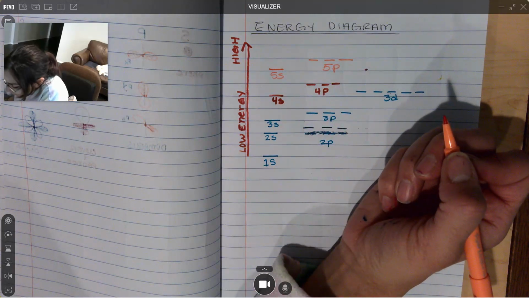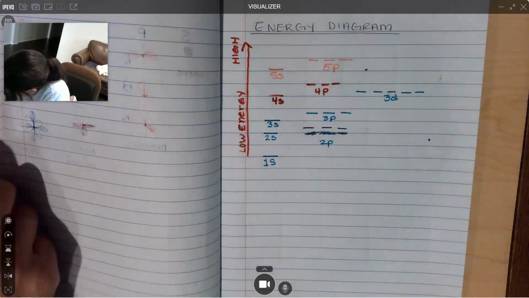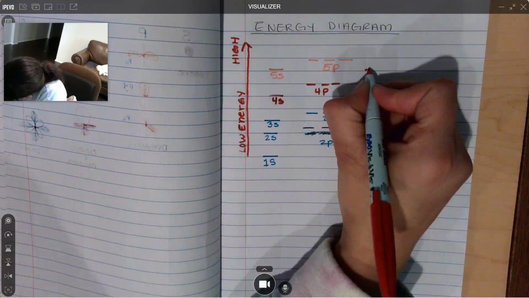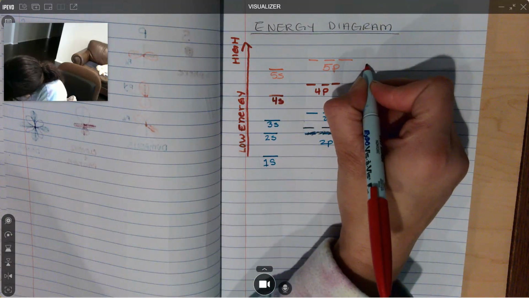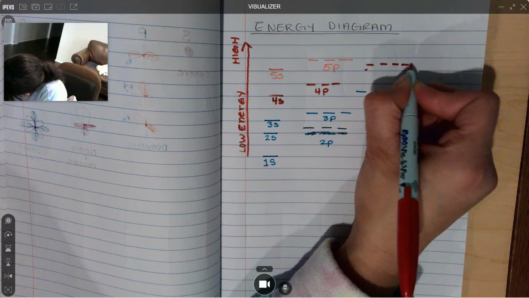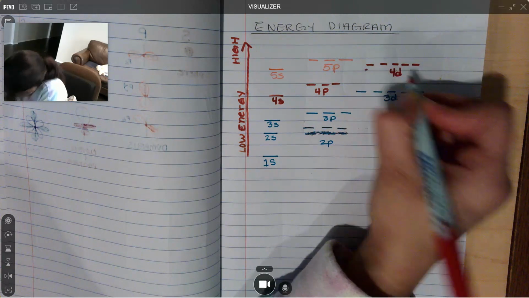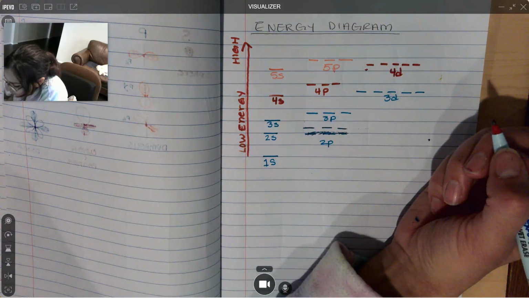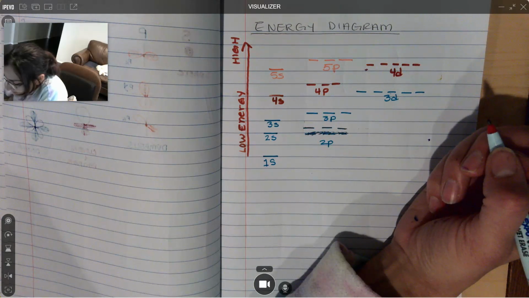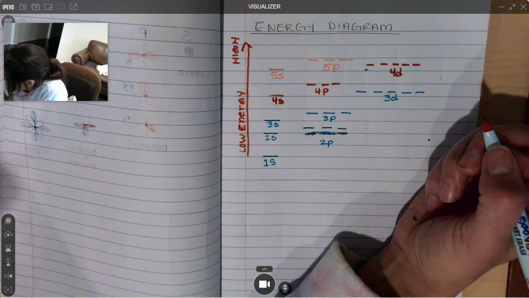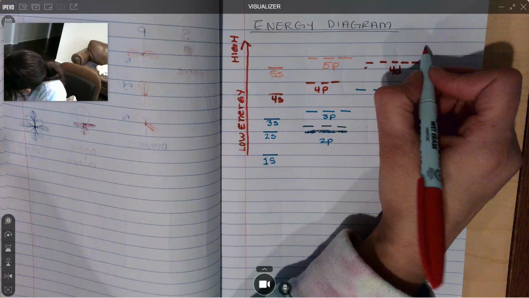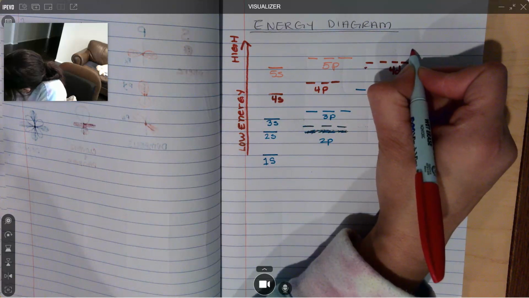Okay. And now we could actually do our 4D, which is going to be somewhere up here. 1, 2, 3, 4, 5. This is going to be my 4D. And can we bump it up a notch yet? Yeah, we could bump it up a notch and actually show our 4F.